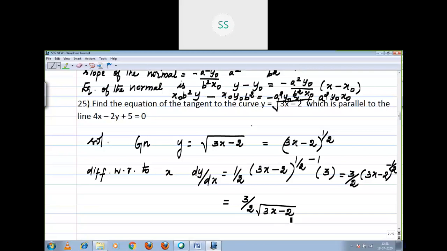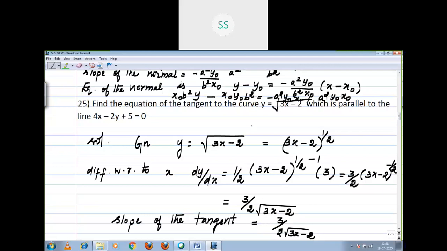That I shift to the denominator, so I arrived at this. This is your slope of the tangent of the curve. Slope of the tangent is equal to 3 divided by 2 into root of 3x minus 2, right?